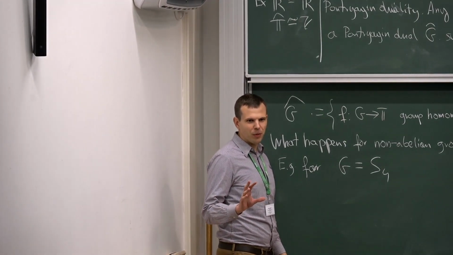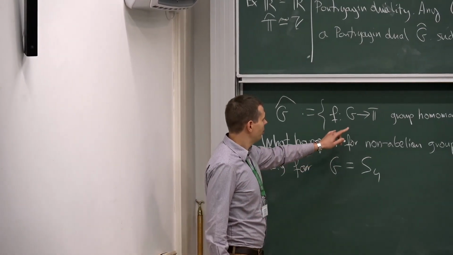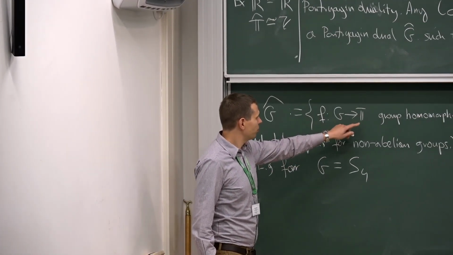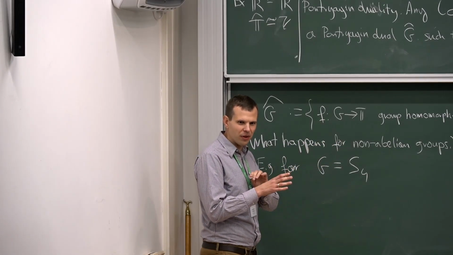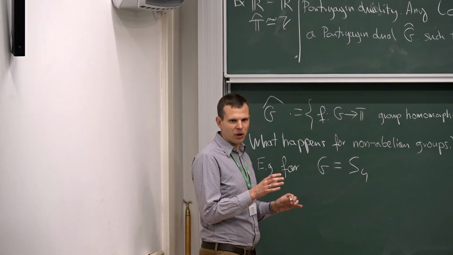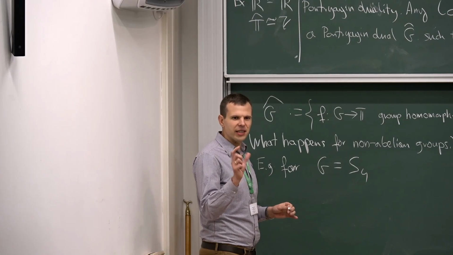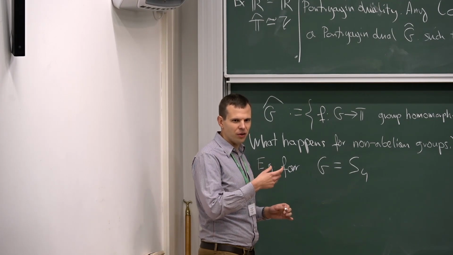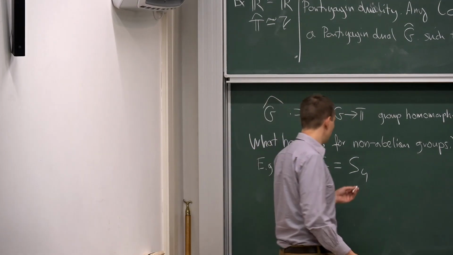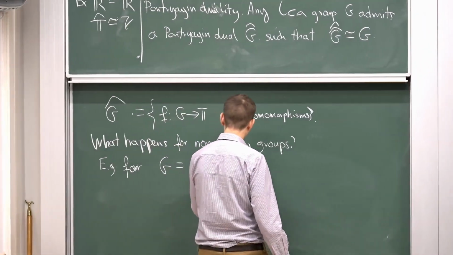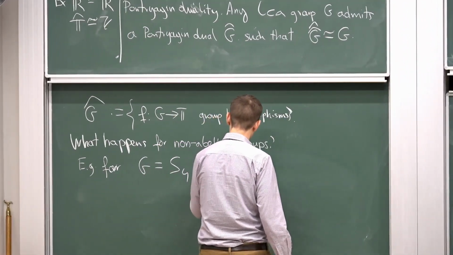For the permutation group, there are only 2 homomorphisms to the unit circle. One is the trivial one, where you map everything to 1. And then the other is the sign of the permutation, right? If it's even, you map it to 1. If it's odd, you map it to -1. So G hat has only 2 elements.